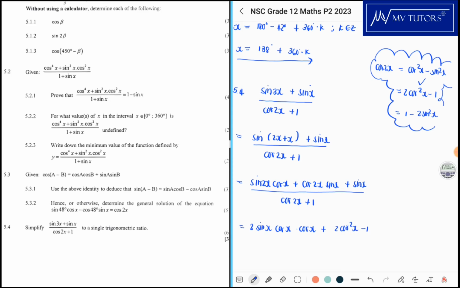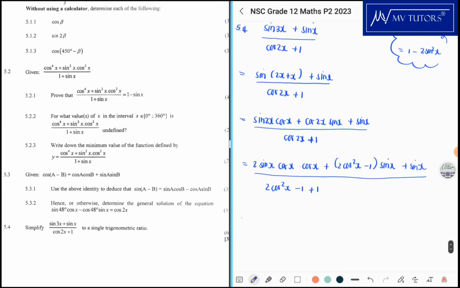The danger here is if you choose the wrong option, you're going to have to start the sum again. So I have sine x over there plus sine x. And also in the denominator, I'm going to change it because I have a plus 1 over here and I see that I have a minus 1 there. I'm going to change this cos 2x to 2 cos squared x minus 1 plus 1. And then let's hope for the best.